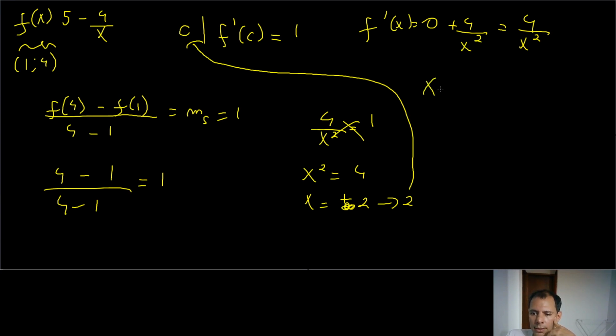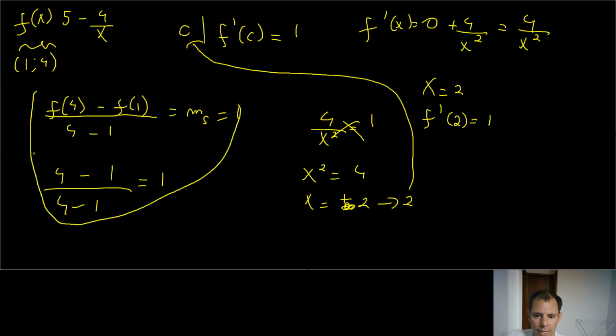So when x equals 2, the tangent is going to be 1. 1 is the same tangent that we found here of the secant. Remember, it's the same tangent of the secant. And guess what? This 2 here is in this interval. That's exactly what we said.